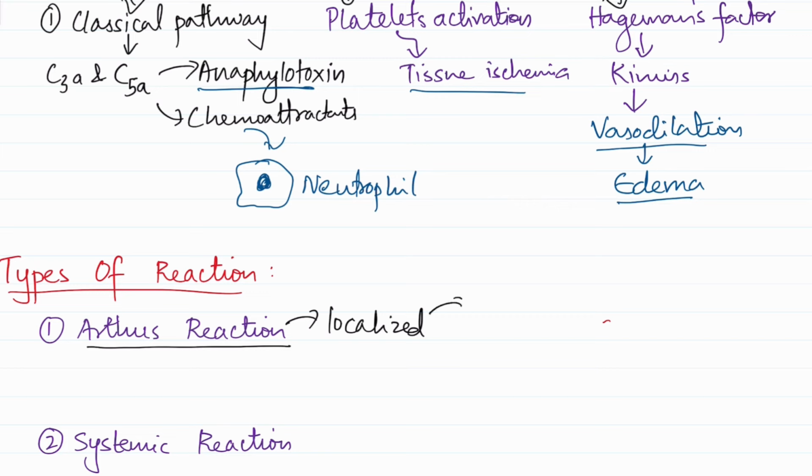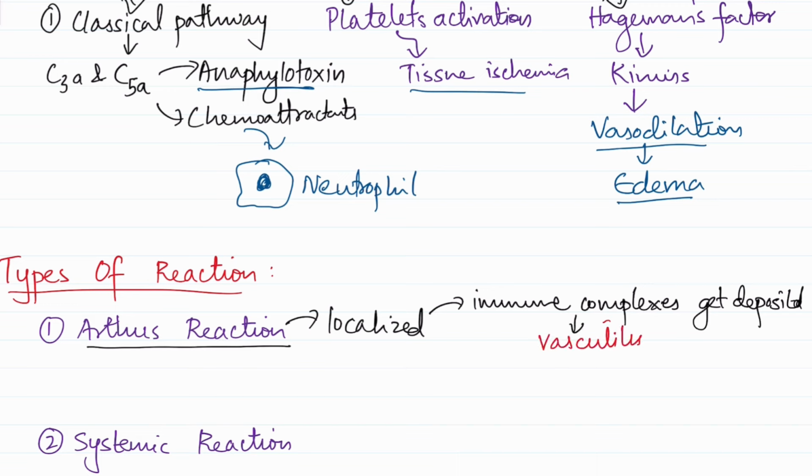What happens is that these immune complexes get deposited, and these deposited complexes cause vasculitis, or inflammation of the blood vessels, and this vasculitis causes localized tissue necrosis. This is what happens in Arthus reaction.